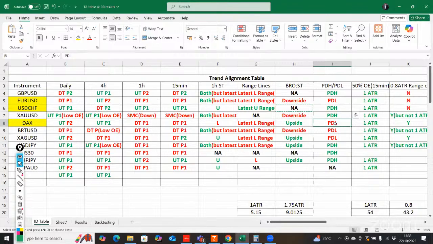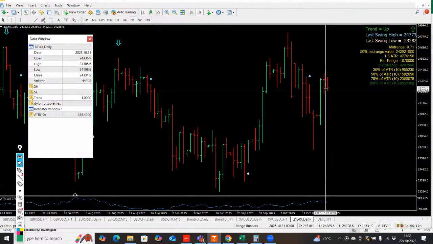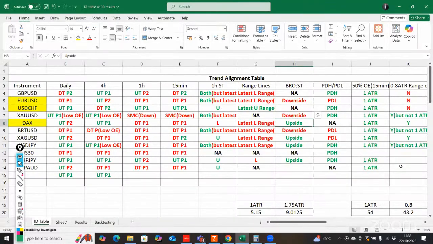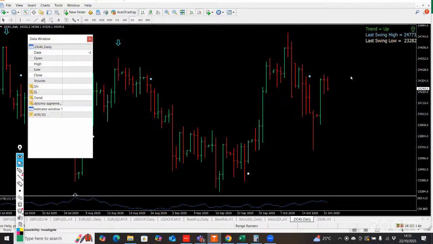Okay, so on DAX and the upside, the bro to ST ratio. Let me take a look over here. I don't think it's showing much. So 278, 278. I've got the formulas in here. Let me just quickly do this, traders. So 222.4 is what I've got. So 222.4, isn't it?